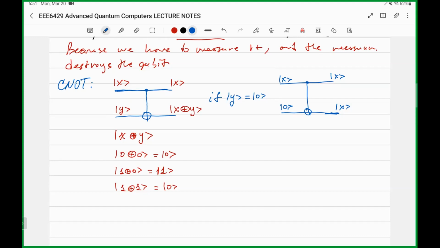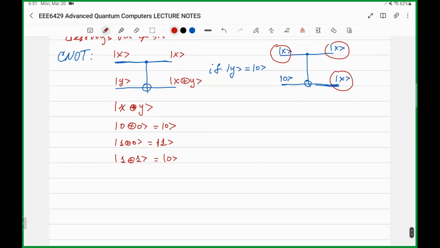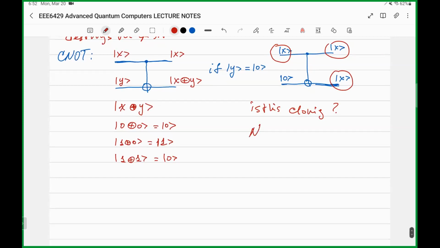Because whatever I add to 0, this x returns me x here. It doesn't change the result. So it looks like I had one x state in the input and got 2 states x in the output. So is this cloning? Is this cloning? The answer is no, of course.